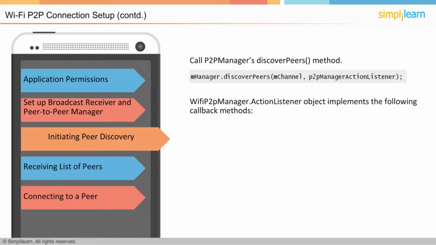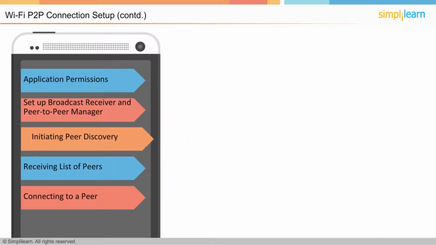The WifiP2pManager.ActionListener object implements the following callback methods. OnSuccess is called to indicate to the application that peer discovery started successfully. OnFailure is called to indicate to the application that peer discovery failed, with an error code that indicates the reason for failure.